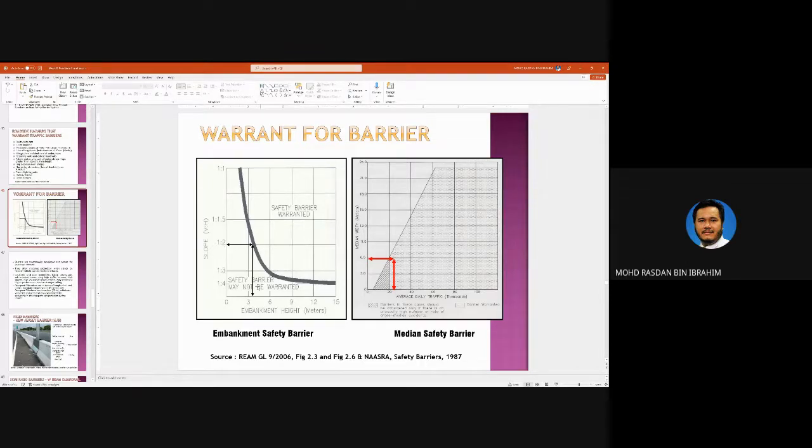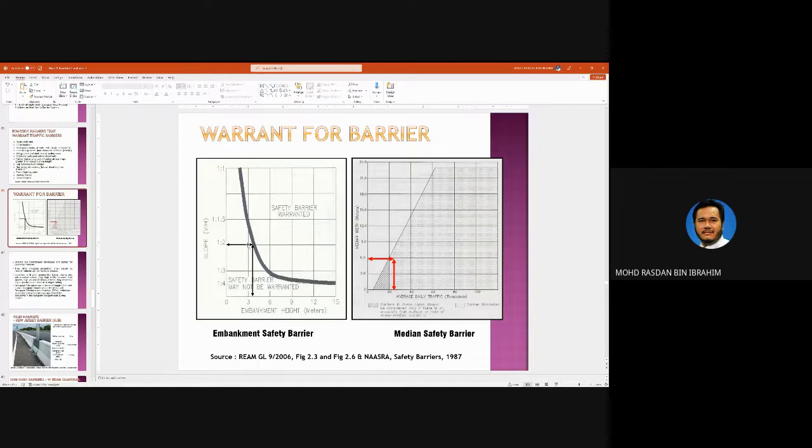What is the height of an embankment and what is the slope of the embankment? Beyond this curve over here, you should construct a safety barrier. If the embankment is 3 meters high and the slope is very good, 1 to 2, then you do not need a safety barrier.